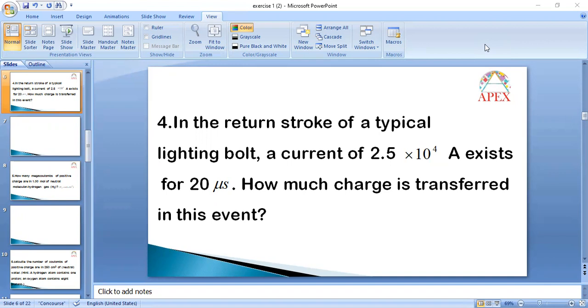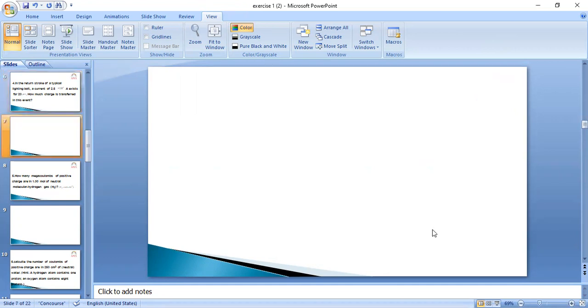So it was given here that some current exists. The current I is given as 2.5 × 10^4 ampere, and it is for 20 microseconds.